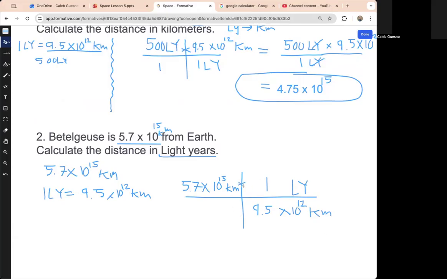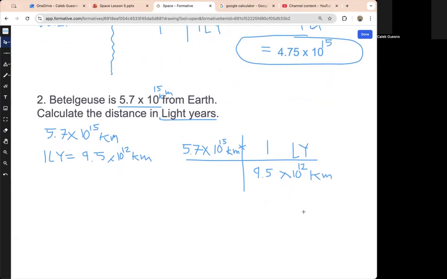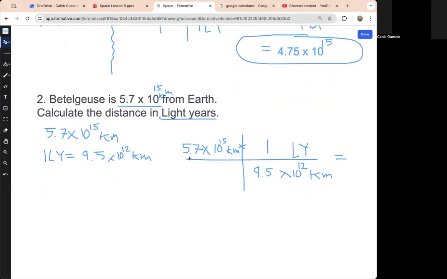Good. So now we're going to rewrite this and show how to solve. So we'll rewrite it as this is the numerator, this is the denominator.